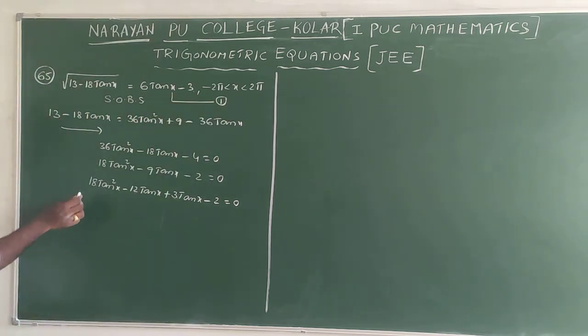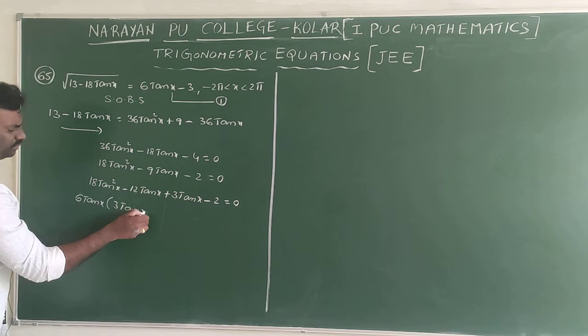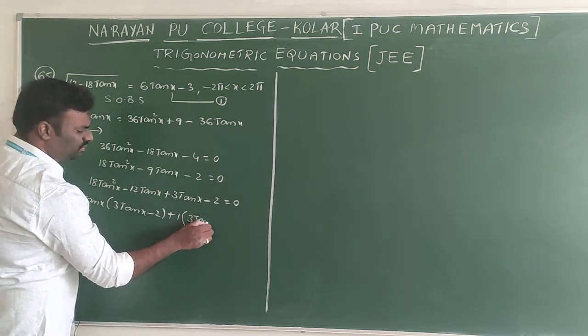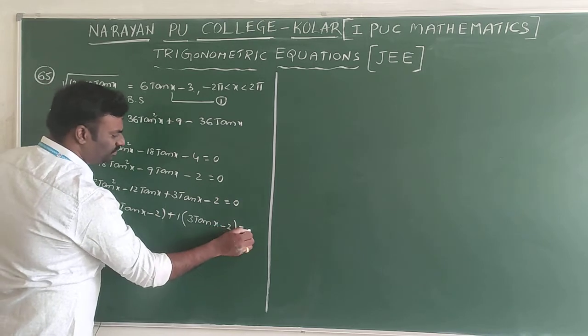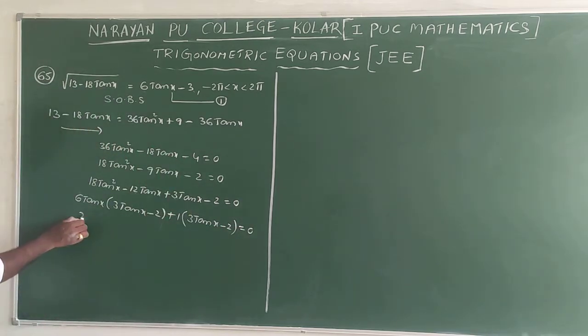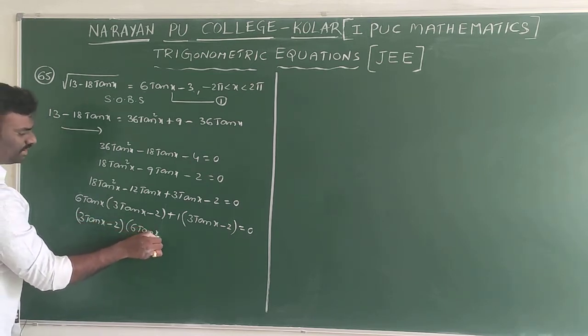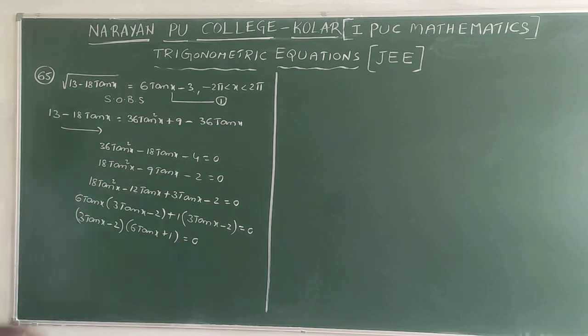Okay, now I can take 6 tan x common, 3 tan x minus 2 plus 1 common, 3 tan x minus 2. Again we will take 3 tan x minus 2 common, 6 tan x plus 1 is equal to 0.